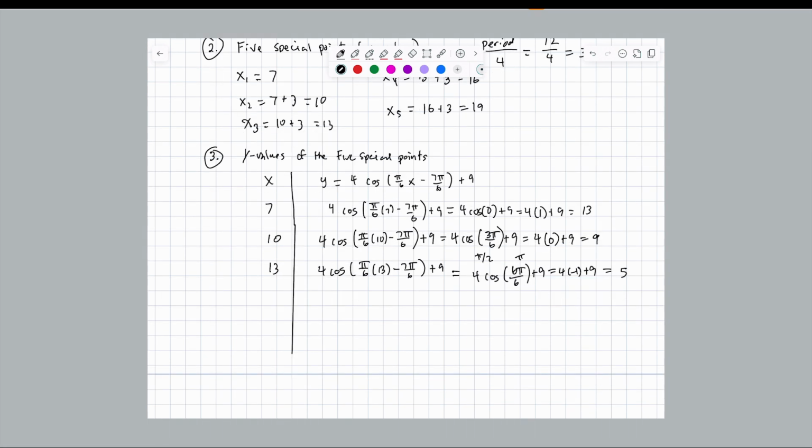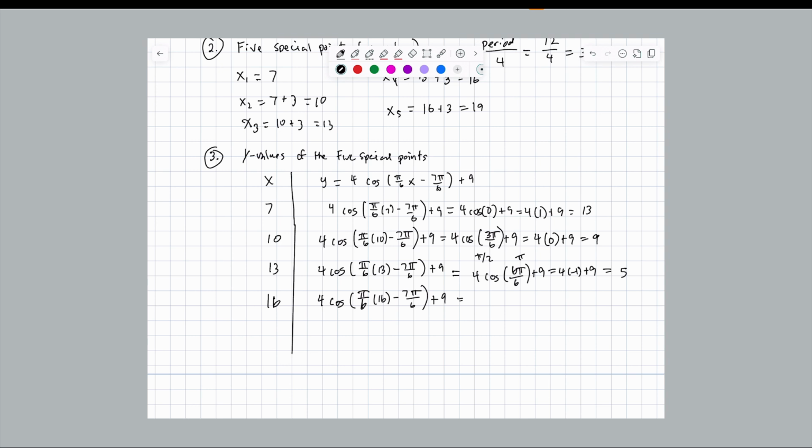Okay, so now we can throw on our next value of 16. So we have 4 times cosine of pi over 6 times 16 minus 7 pi over 6 plus 9. Okay, so that's 16 pi over 6 minus 7 pi over 6.